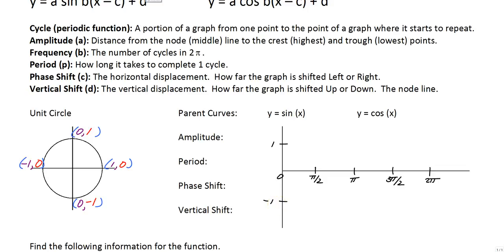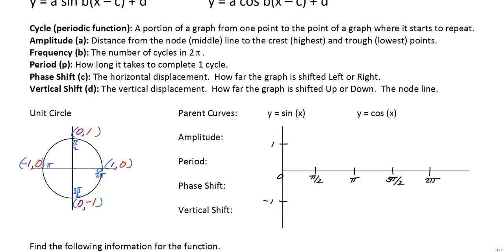Now we are going to do cosine first, because cosine is x. Let's talk about 0 degrees on the unit circle, then pi over 2, pi, 3 pi over 2, and we finish at 2 pi, which is one complete cycle.